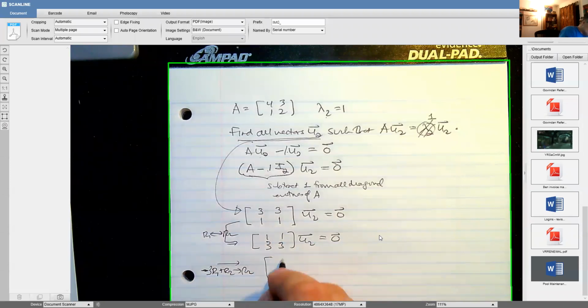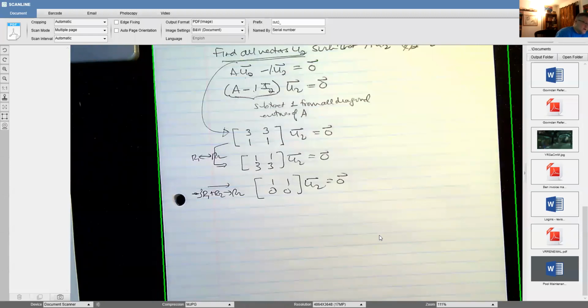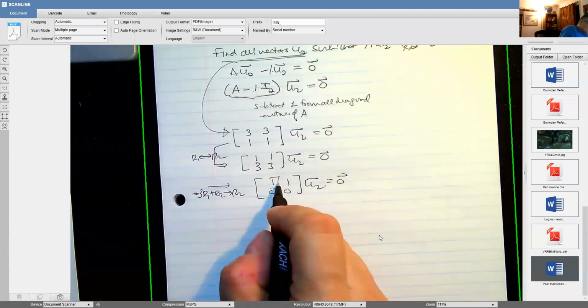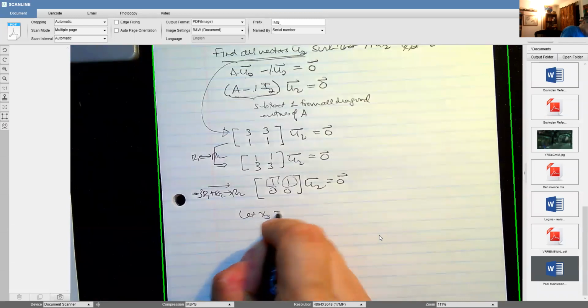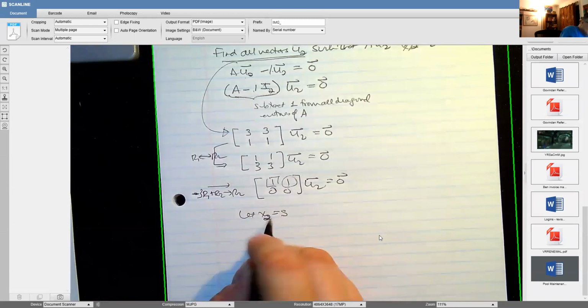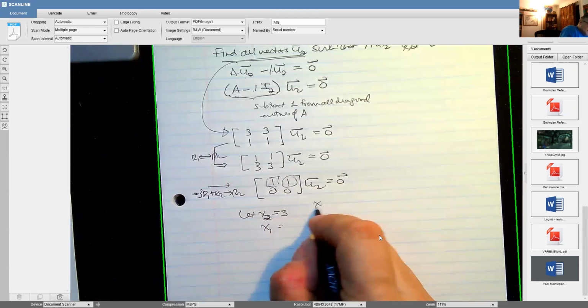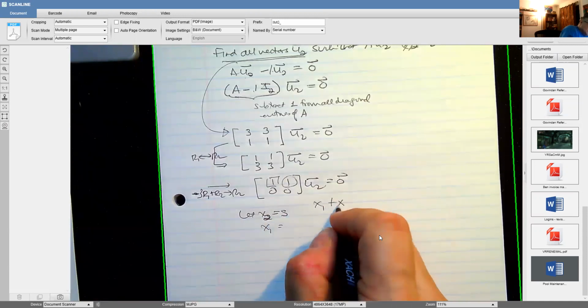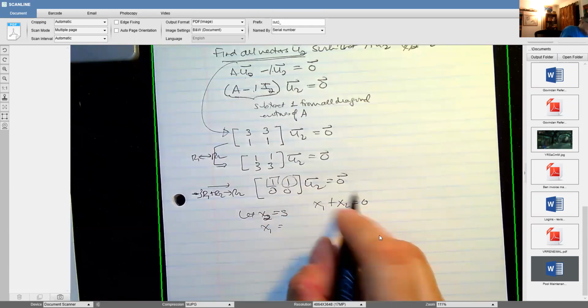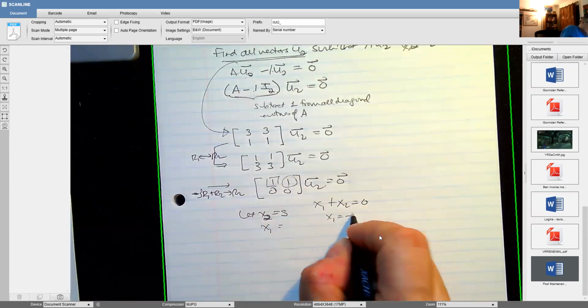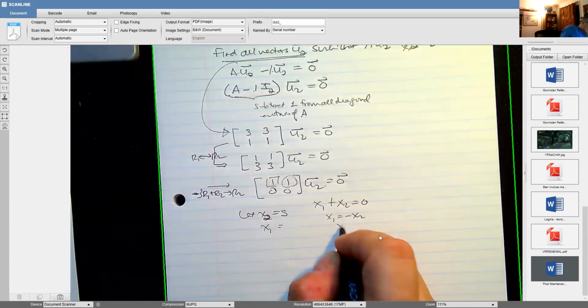And so I'm going to get 1, 1, 0, 0. U2 is equal to the 0 vector. Okay. And so here is your pivot, here is your free variable. So I'm going to again let x2 be s. Then remember here from that equation, x1 plus x2 is equal to 0, right? And so x1 is negative x2, which is negative s.